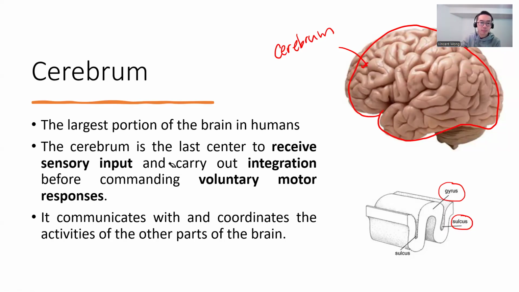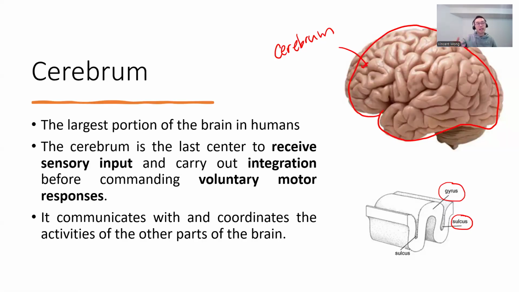The cerebrum is the last center to receive sensory input and carry out integration before commanding a voluntary motor response. So what that basically means is everything that we feel, everything that we picked up from our surrounding, either with your eyes, with your ears, with your nose, with your skin, ultimately, they will all end up somewhere in the cerebrum.